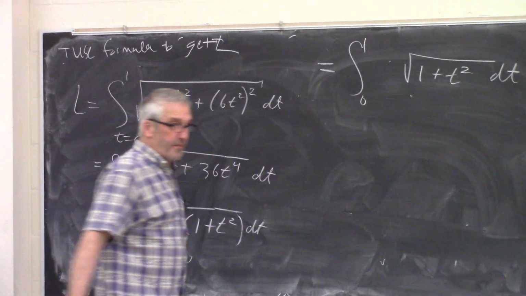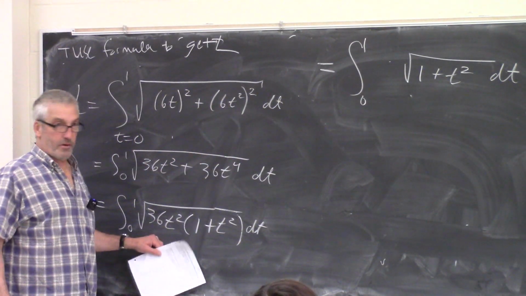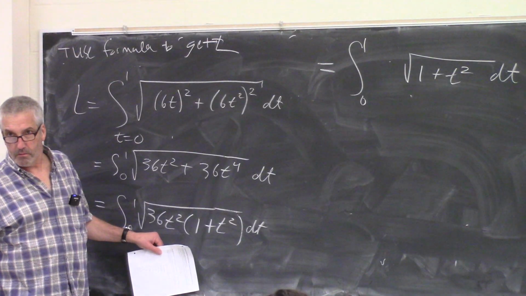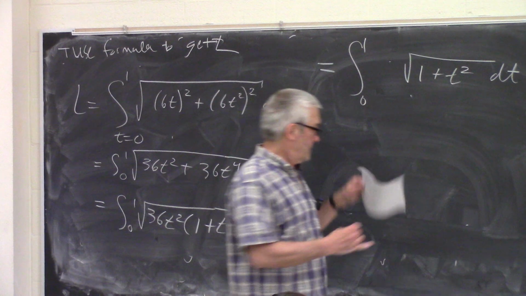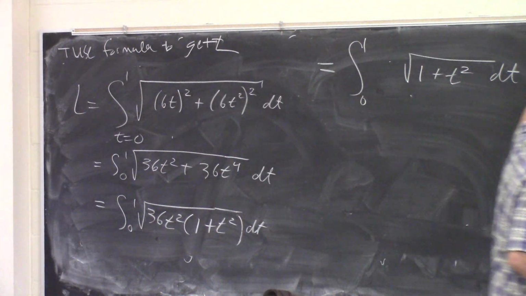I'd like to pull that 36t squared out. When I pull that out, what do I have to write here? Let me give you a hint.